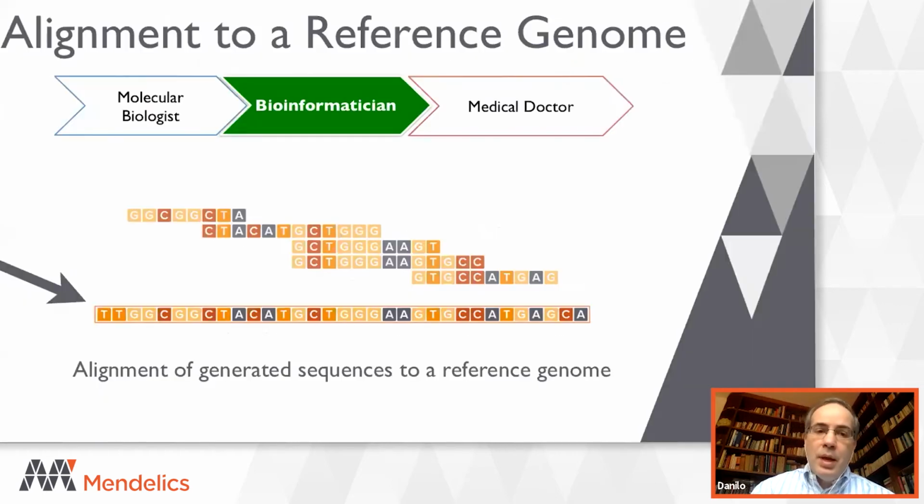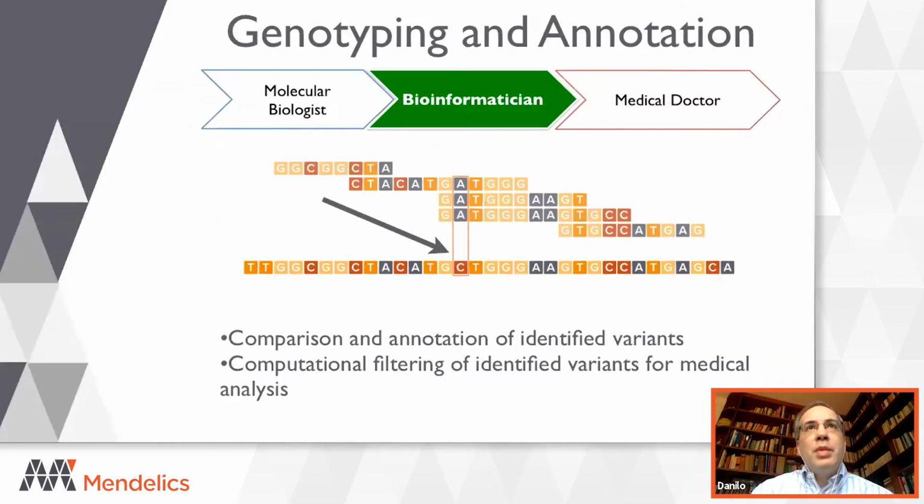So in the end, when we do the sequencing itself, we have a lot of different fragments of different sizes, and we will read all of them, but we need to align them to the reference genome. At the bottom here, we have the reference genome. This is previously known, so this is the human genome, and then the fragments will be read and aligned, solving a puzzle, putting piece by piece, side by side, so that we can know the sequence of that patient.